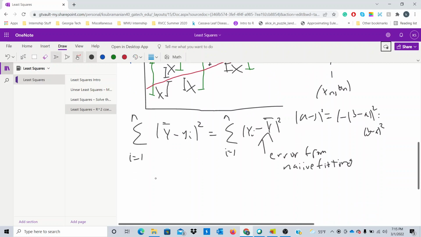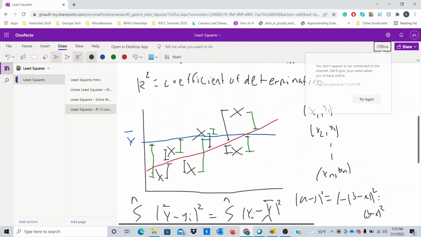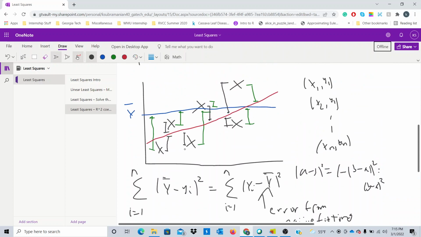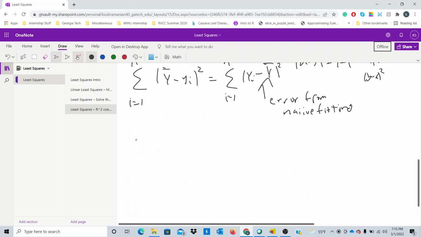So we want to take the sum of the squared residuals now using this red line as our prediction, which seems like a better line of best fit. So the sum of squared residuals is now going to become the summation from i equals 1 to n, as we have n data points, of y hat minus y sub i, squared.